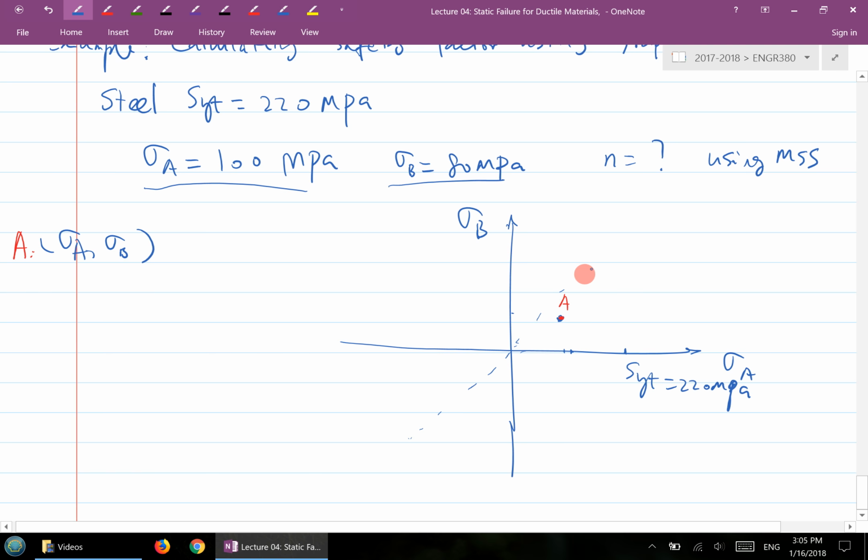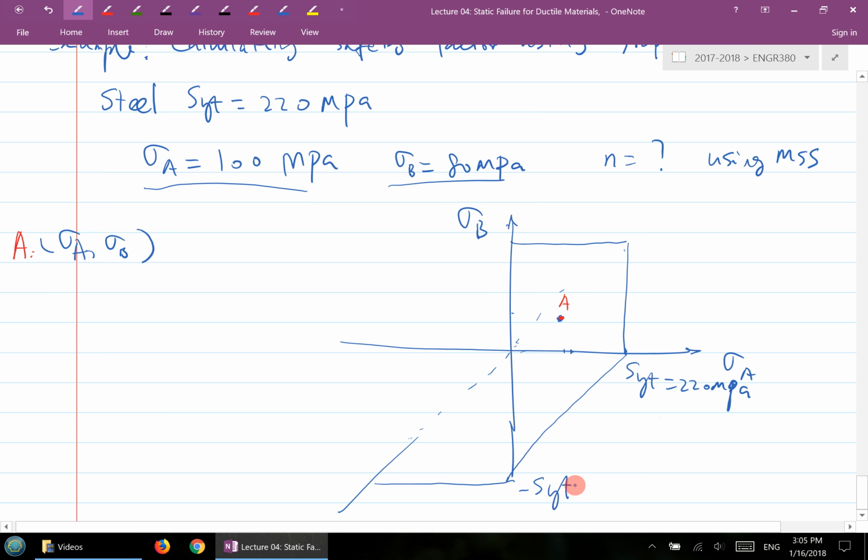Now let's apply the MSS theory. When we apply MSS theory, what we do is we draw that hexagon. You can draw the hexagon using the SYT, and here is negative SYT, so this is easy. Using a ruler, you can definitely draw it out.